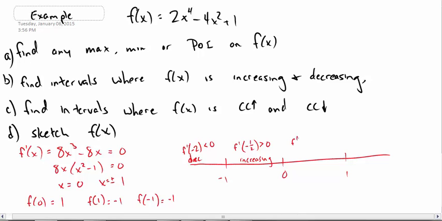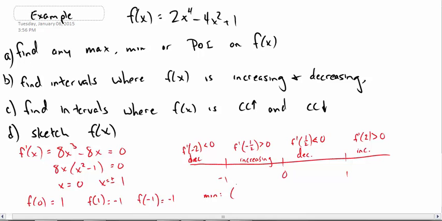First derivative evaluated at 1/2 is less than 0, which means the function is decreasing. And the first derivative at, say, 2, a number over to the right of 1, was greater than 0, so we're increasing.